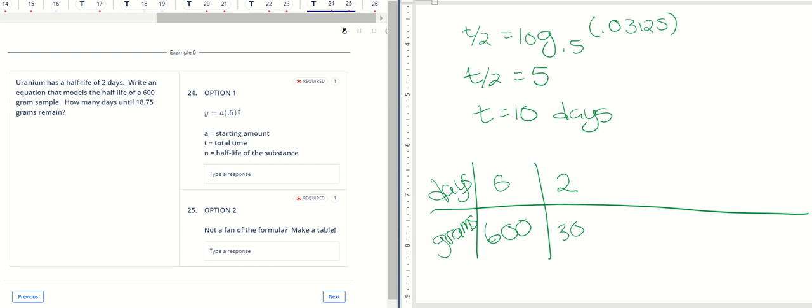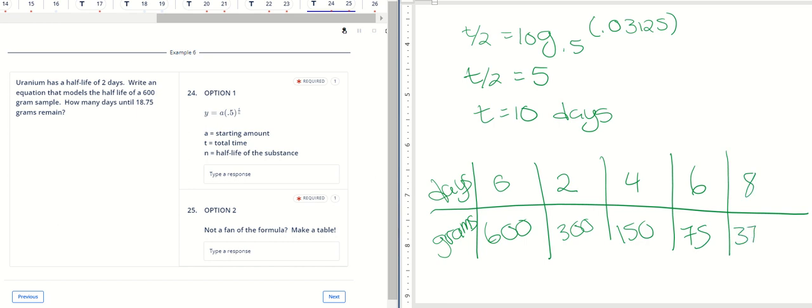So after 2 days, 300. After 4 days, 150. After 6 days, 75. After 8 days, 37.5. And after 10 days, 18.75. So we can see by doing it this way, this time we're looking for the days, it takes 10 days to get to 18.75.